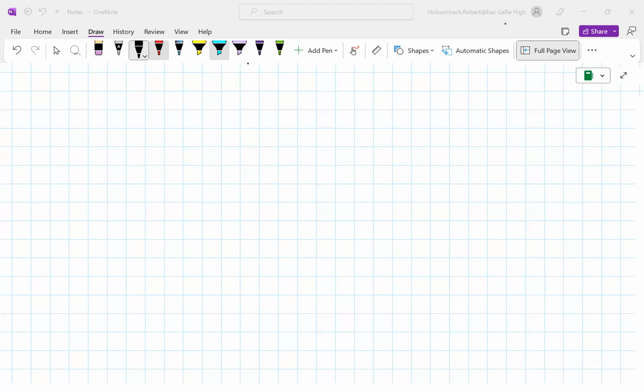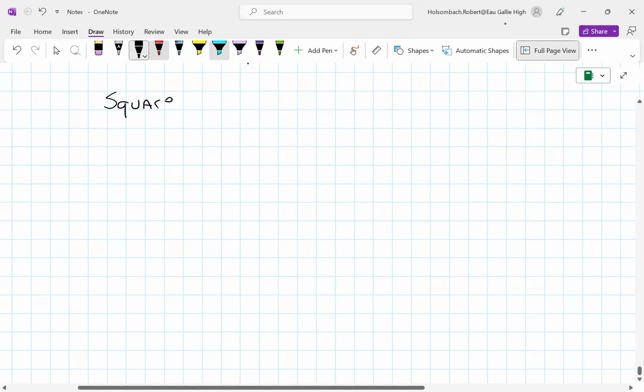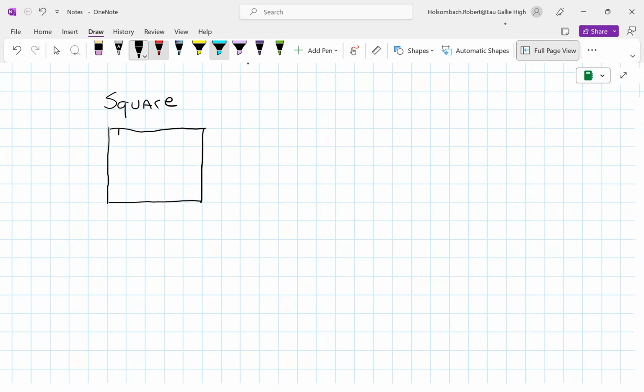All right, so we're going to talk about a square next. One of the characteristics of a square is 4 90-degree angles. And the sides are all the same length.